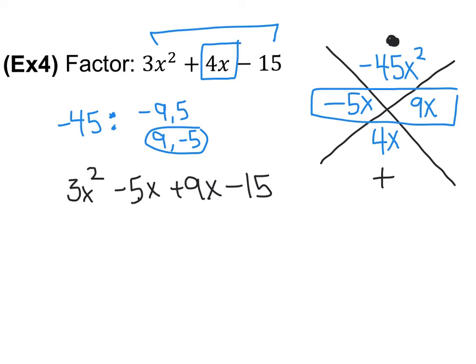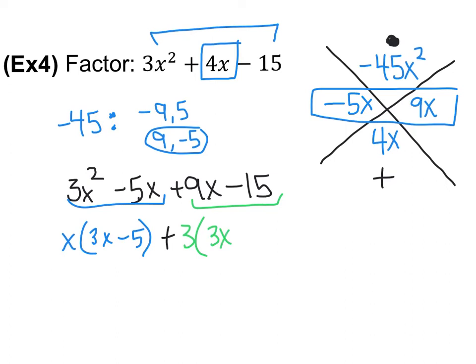We are going to factor the first 2 terms, and we're going to factor the second 2 terms. In the first 2 terms, I'm going to factor out an x, and I'm left with 3x minus 5. In the second group, I can take out a 3. 3 times 3x will give me 9x, and 3 times negative 5 will give me negative 15.